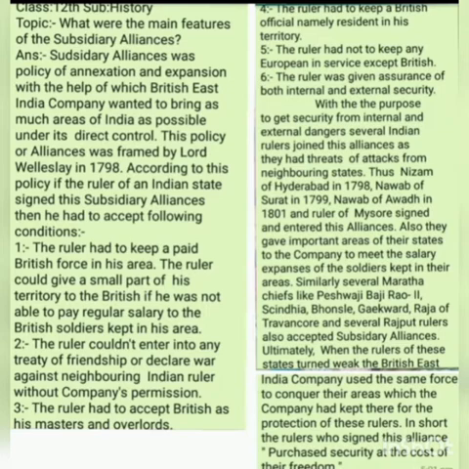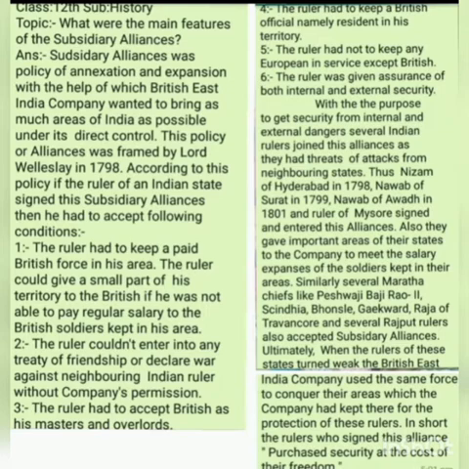But once they signed the treaty, they had to accept all the commandments kept in the subsidiary alliances by Lord Wellesley or by the British East India Company. Any ruler who signed this alliance out of his own will had to accept the following conditions.